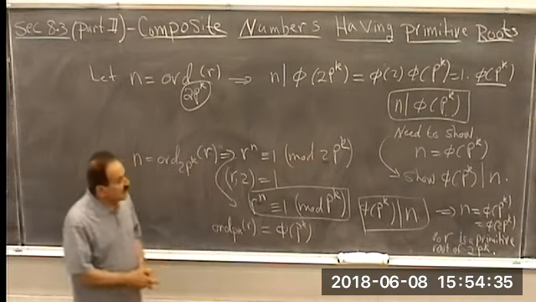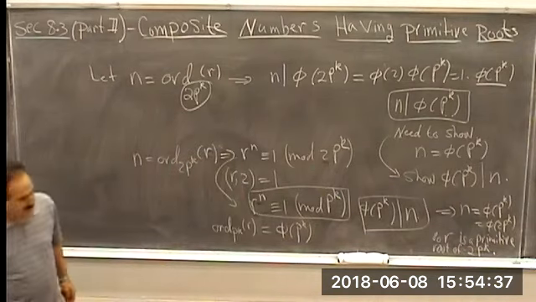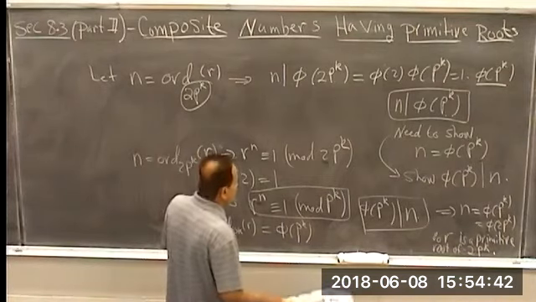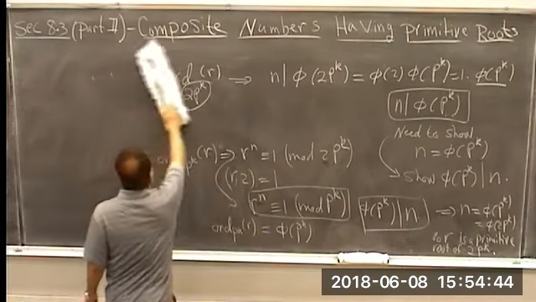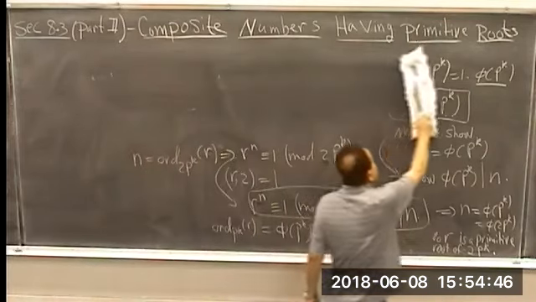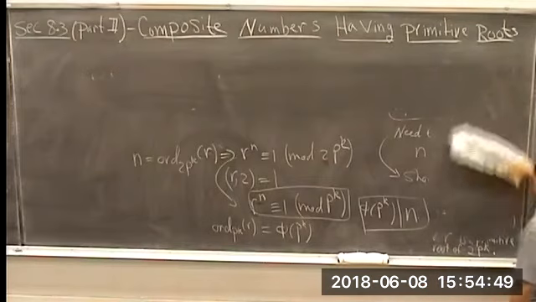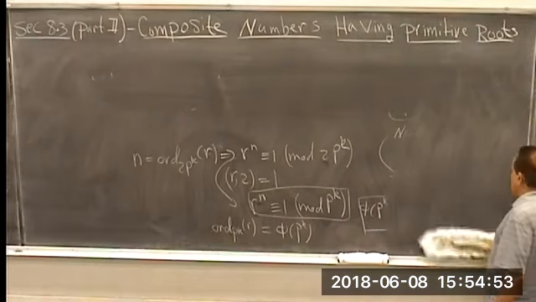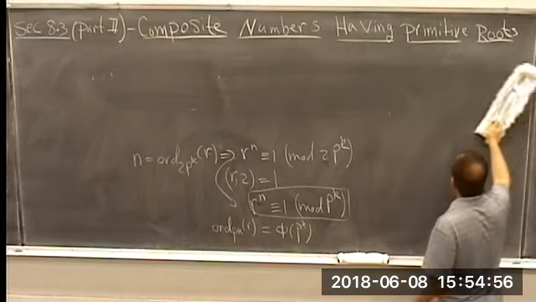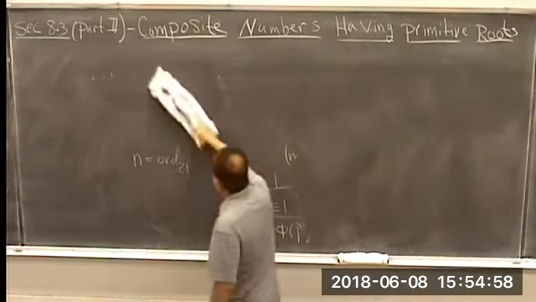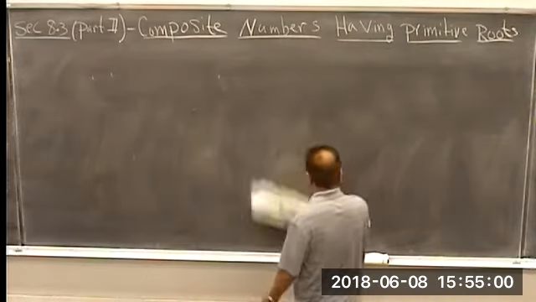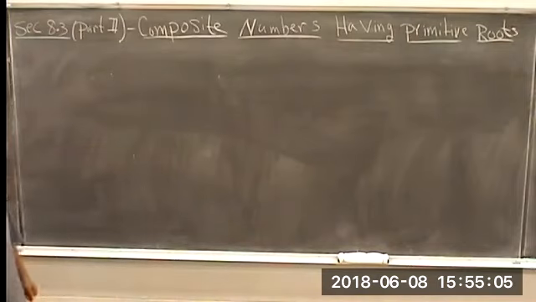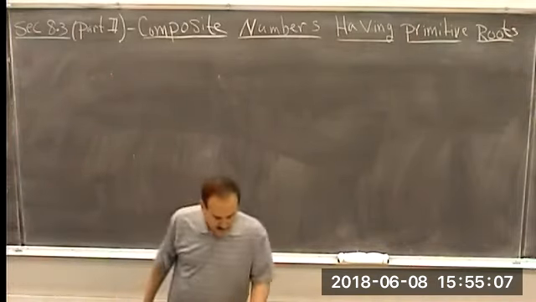Now, we have shown basically which numbers have primitive roots and which numbers don't have primitive roots. And now we need to put it all together, just to remind ourselves of the different pieces that we have shown in terms of lemmas, corollaries, and theorems, and state the main theorem, Gauss's theorem 8.10.